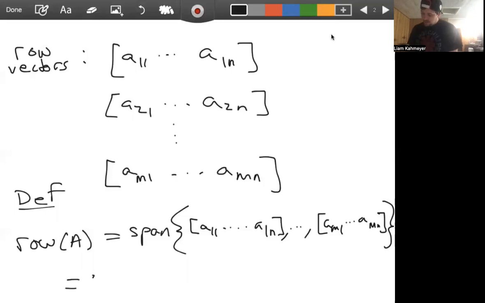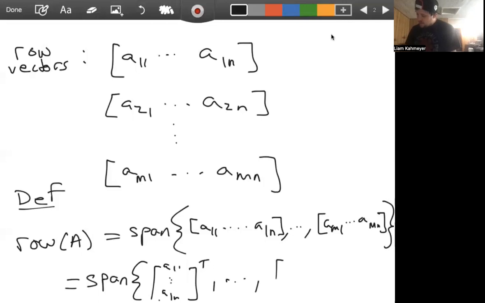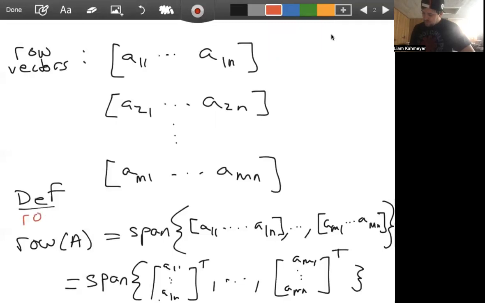It may be more convenient to write this as A11 through A1n transpose, AM1 through AMN transpose. You could see it written like this also, but we keep it specified whether it's a row or column vector, and that's important to note. This was the row space.